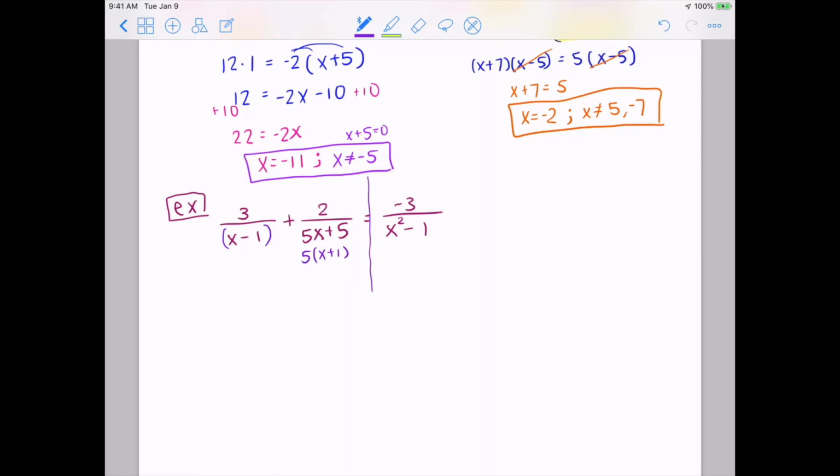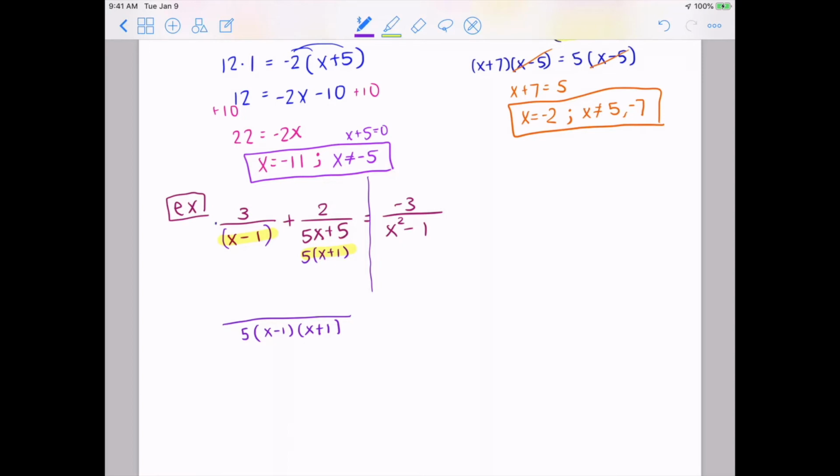Okay, and then to find the common denominator, it would be 5x minus 1 and x plus 1. Because if these are my new denominators, they have nothing in common, so I have to write all of them.